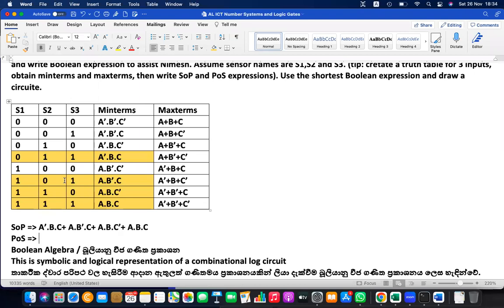In the product of sums circuit, in the POS circuit, what are the valid terms? Where you need zeros. You need 0 here, because there's only 1. You need 0 here, only 1 is there. So here, no need to execute the fire alarm. All three are correct. So the one term is this.